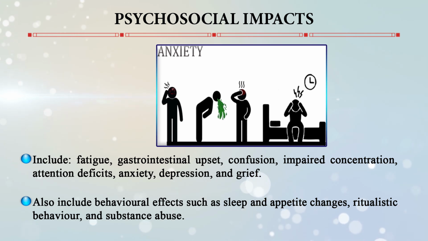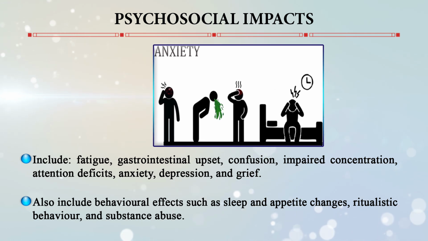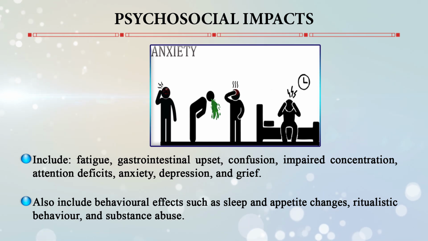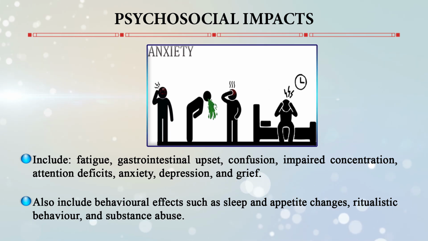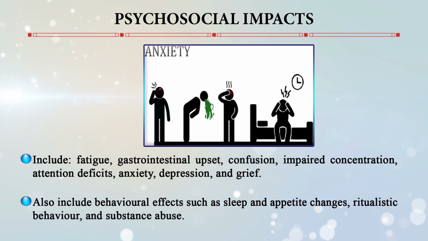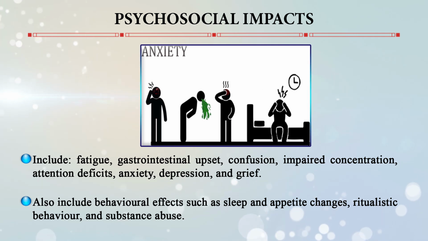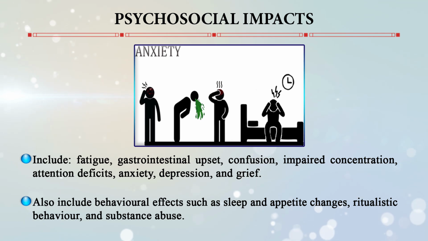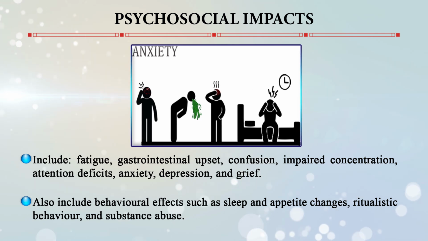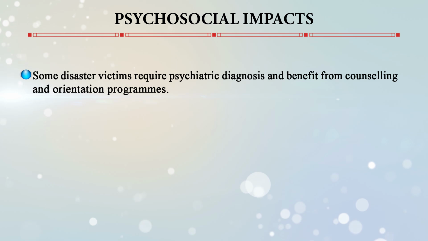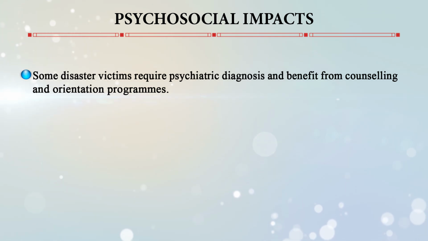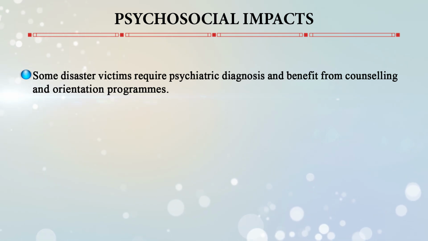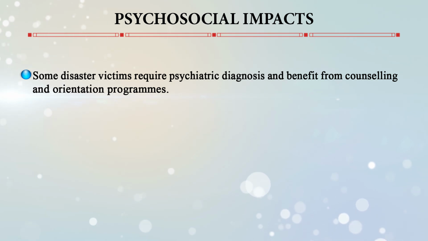And there could be confusion, impaired concentration, depression, and also grief. Fatigue and other problems also occur. So psychosocial impacts have a very big effect on people, and they are all the after effects of the hazard. Some disaster victims also require certain psychiatric diagnosis and benefit from the counseling and orientation program.